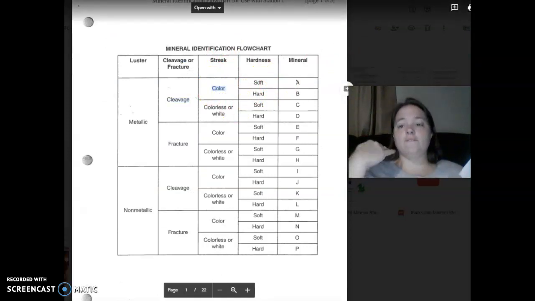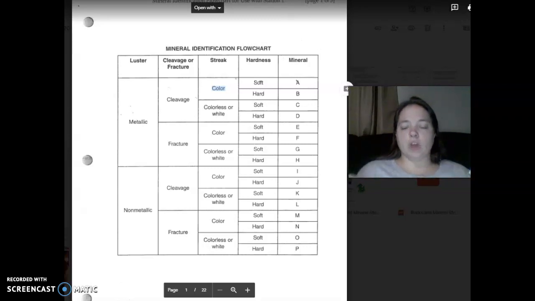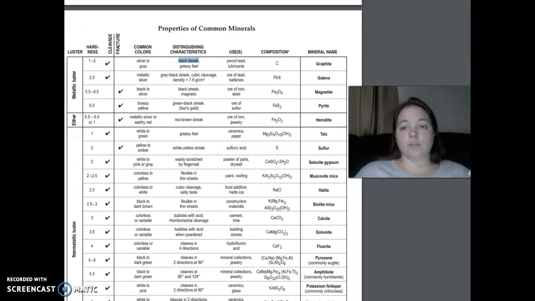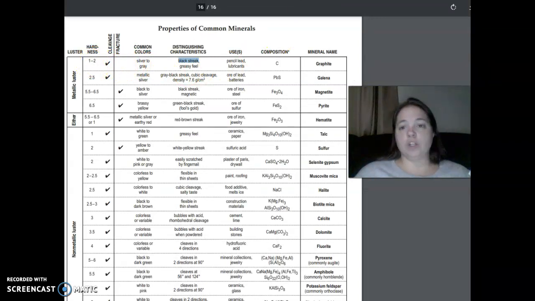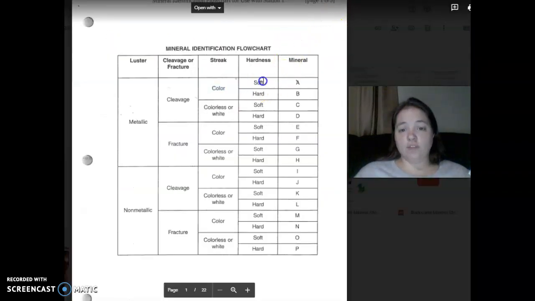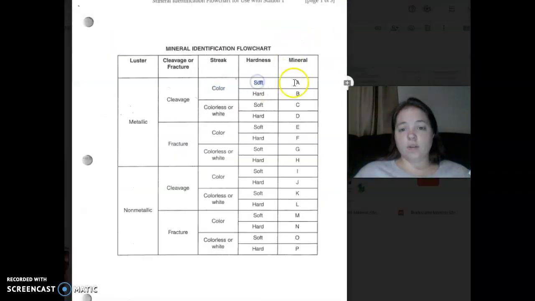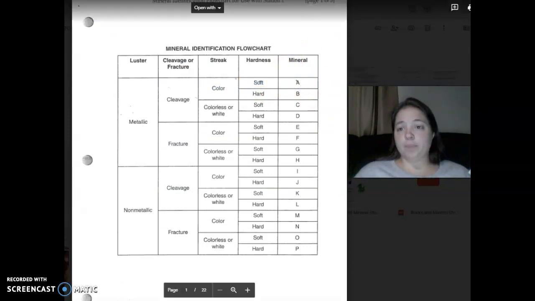Right at the 6, if it's harder than a 6, it's hard. If it is 5.5 or less, it is soft. So actually the 5.5 would be your difference between soft and hard. Let's look at this. It's 1 to 2. It is definitely soft. So my mineral graphite would be an A.